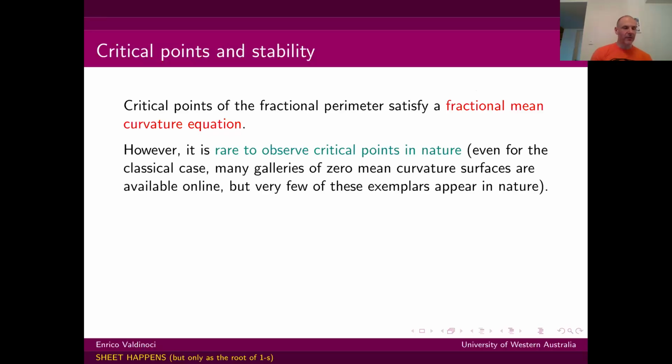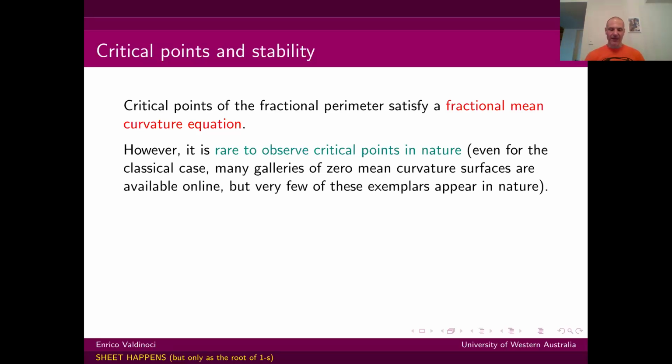Now, as I was mentioning, studying all possible critical points may be too challenging and may not even be the point of many applications in practice, because for all energy functionals of interest, actually in nature, we don't see so many critical points.